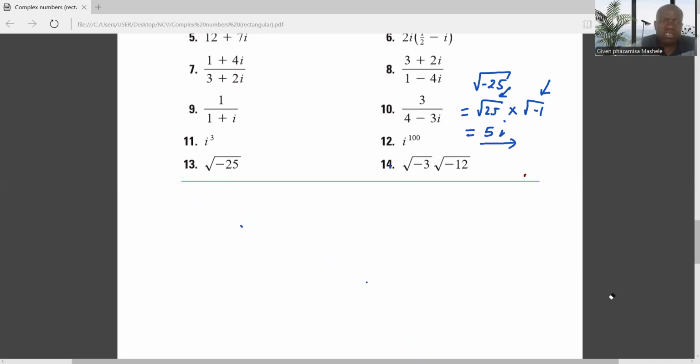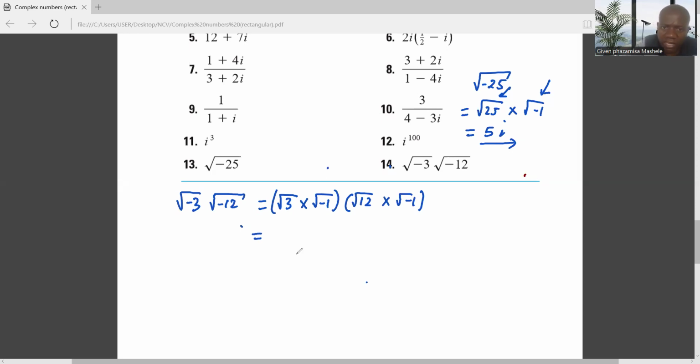So this is the same as the root of -3 times the root of -12. This will be the root of 3 times the root of -1, times the root of 12 times the root of -1. And we know that the root of -1 is i. So this is the root of 3 i.